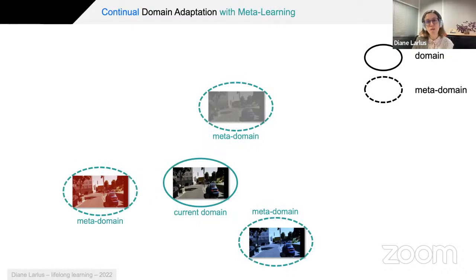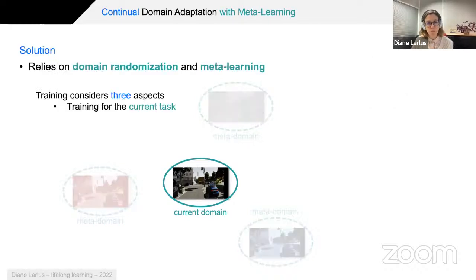But you can also leverage these transformations in a more principled way. We're going to call meta-domains each set of samples that we obtain for a given transformation. Here we have our current domain, a set of images to train from. If we choose 3 different transformations, we can create 3 meta-domains in this example. Our proposed solution relies both on domain randomization, which I mentioned before, and meta-learning.